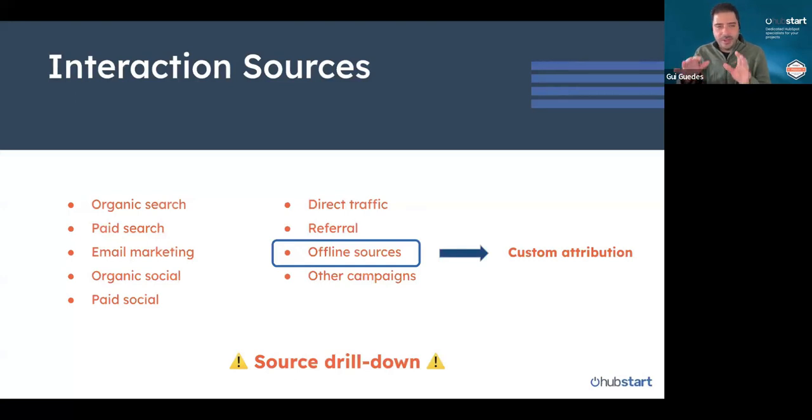It's traffic that someone either typed in their web browser, hubstart.io, or they had it saved in their favorites or in the history. So when they start typing it and the browser completes the URL and you visit the website, it gets counted as direct traffic, which is just the way it is. Someone directly entered your website.